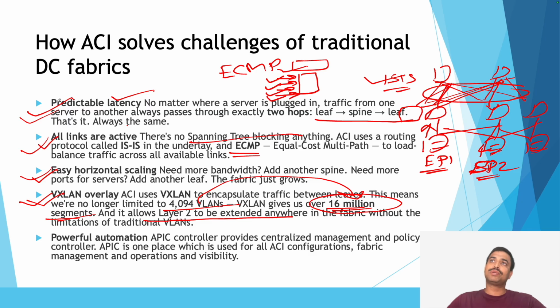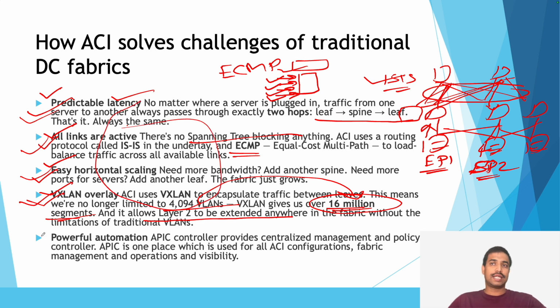So you get predictable latency there. You get all links active there as well, because in the core we have BGP running. Then it also provides easy horizontal scaling, and VXLAN is running in those fabrics. So we get all of these 4 points there.